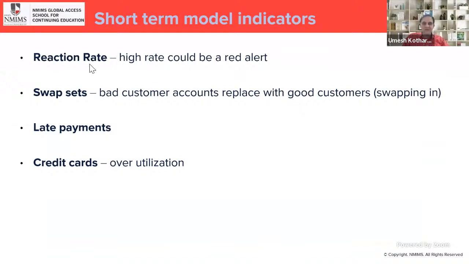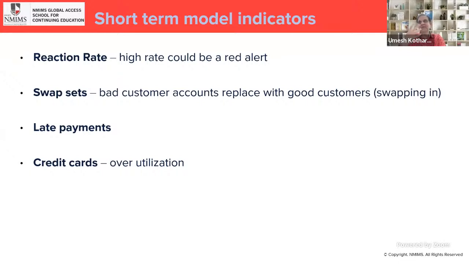So if you have a lot of rejection rates that the model is doing, then that definitely needs to be looked into, because it is a cause for concern. Bad customers are replacing good customers, and therefore at the portfolio level you see a lot of problems with your customer health, because a lot of customers that were onboarded are bad customers.